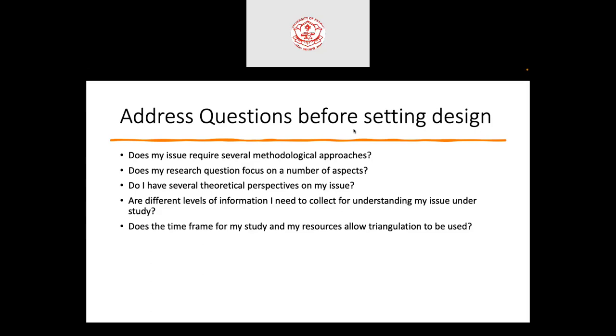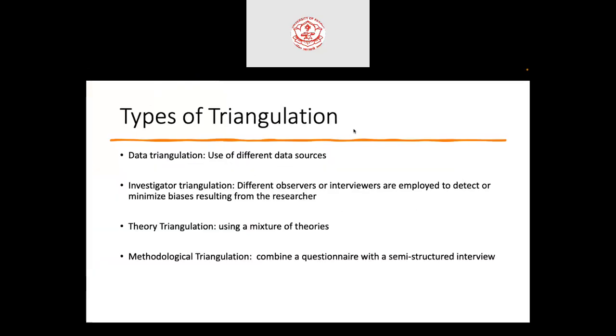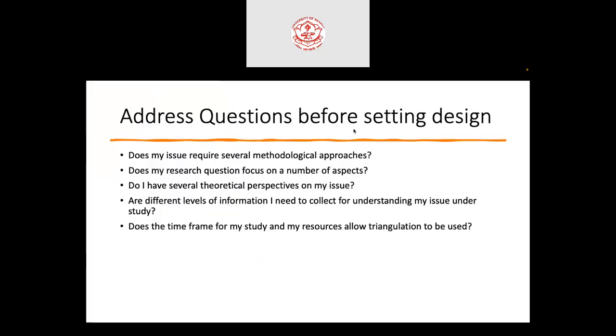Triangulation consists of a combination of, as I said earlier, different data sets, different investigators, different theories, and different methodologies. We require all these elements, and it requires time. The time factor is important. So, are my time and resources sufficient to do this triangulation research?